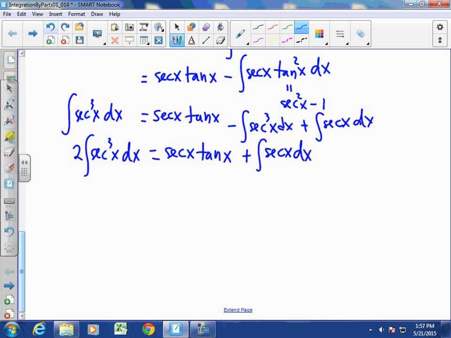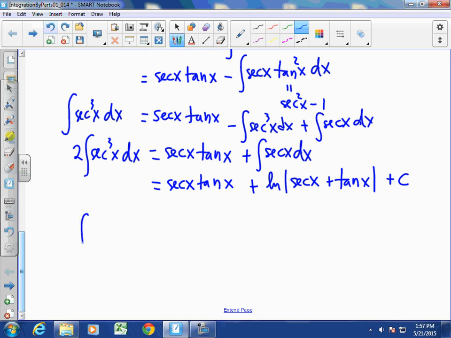Because if you add the integral of secant cube x to both sides, we get 2 on the left, and on the right the term negative integral of secant cube x dx disappears. And we know that the integral of secant x is ln of the absolute value of secant x plus tangent x, plus a constant.